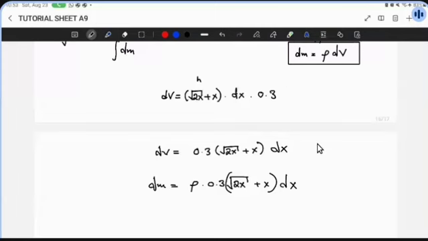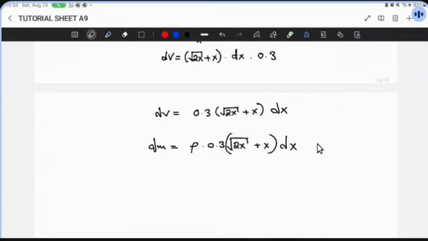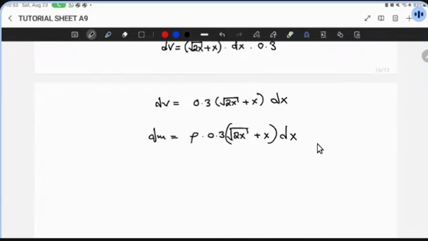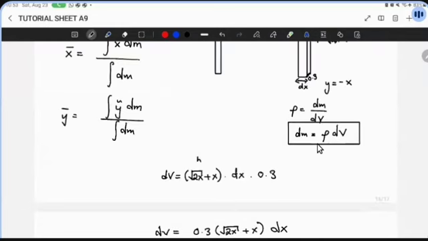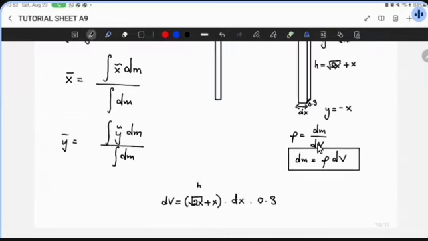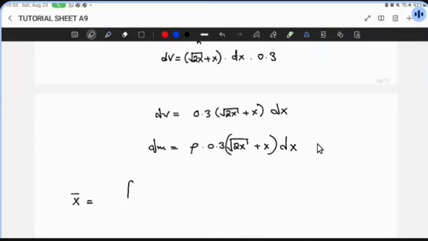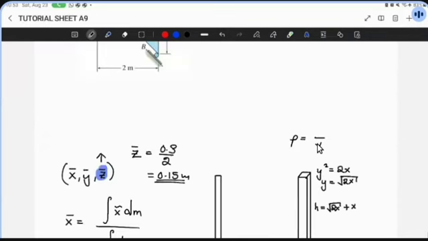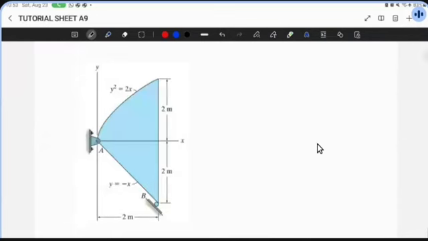Once we have obtained our dm, we can then go to our formula. Remember we said x bar will be equal to x tilde. So all we need there is now x tilde for this section. Since we have selected a vertical section, what will be the position of the x coordinate?